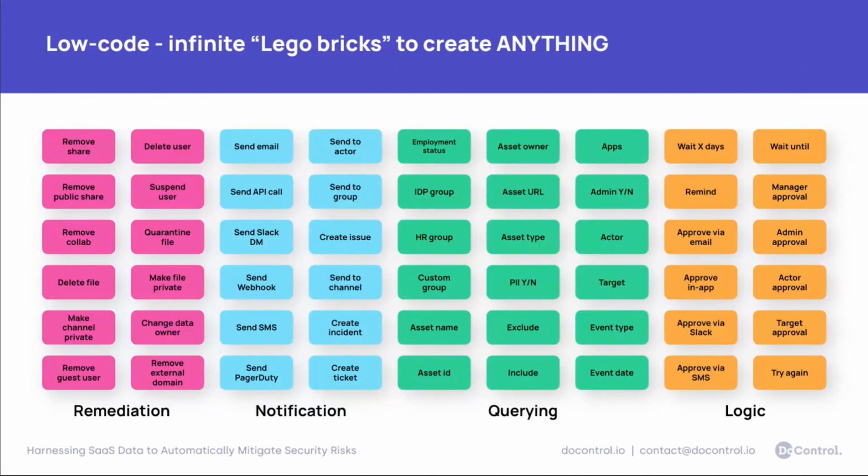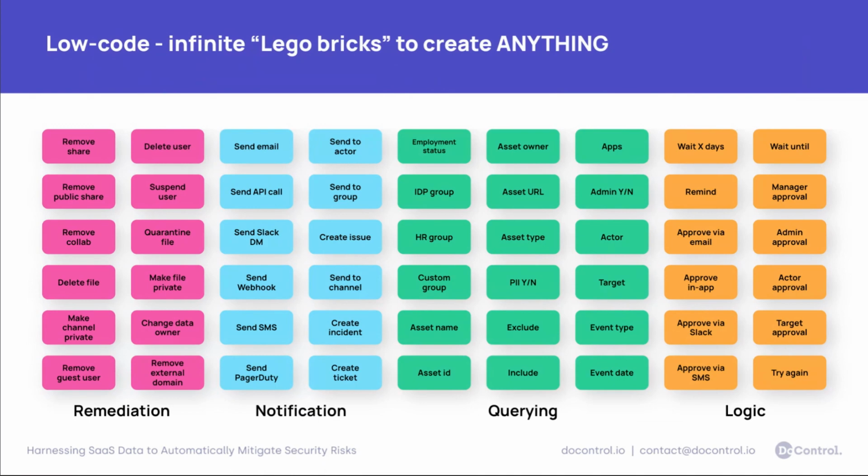Secondly, we are talking about low code, or what we call building blocks, to build those workflows. Okay, so we support a catalog of tens of those building blocks, and we enable our users to create any security policy logic that they may want with a very intuitive drag and drop functionality.